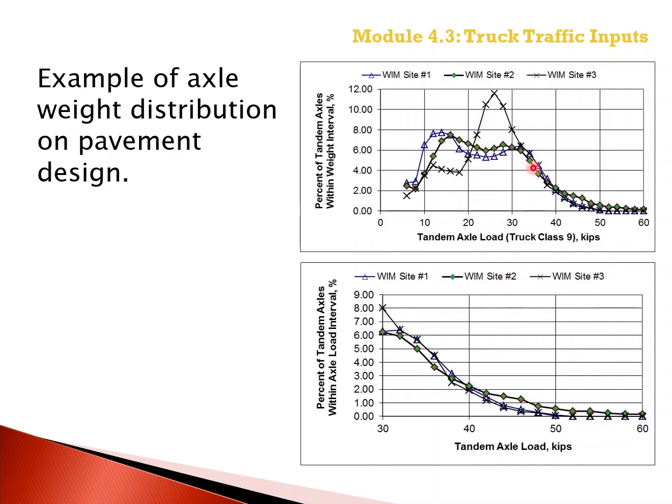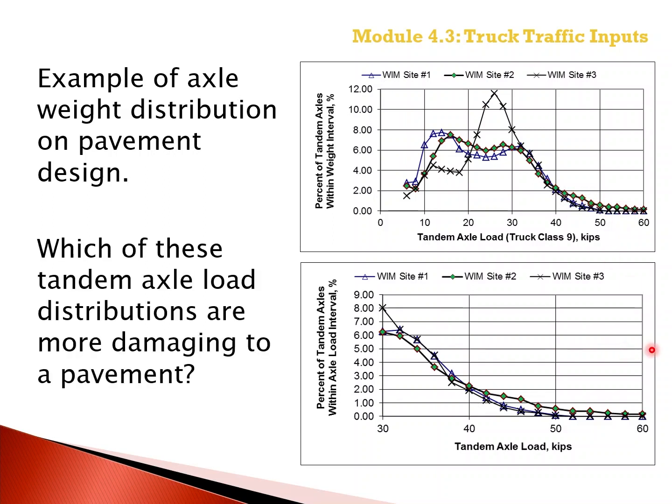As you can see in the upper graph, WEM site 3 near the legal load limit has a much higher percentage of Class 9 tandem axle loads, while Site 2 has a much lower percentage of Class 9 tandem axle loads, but then has a higher percentage of higher tandem axle loads above the legal load limit.